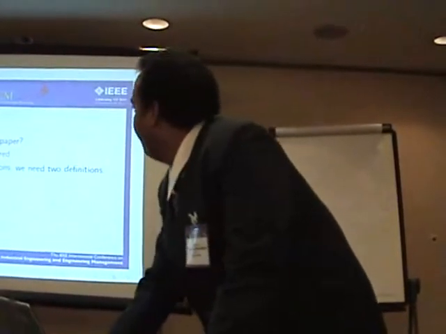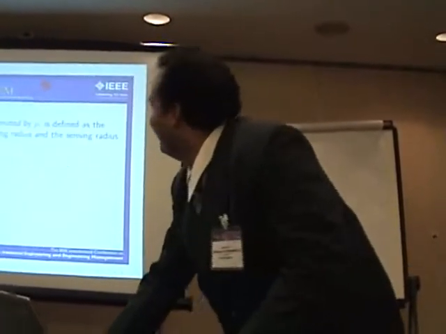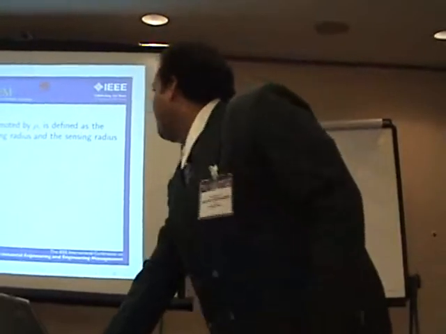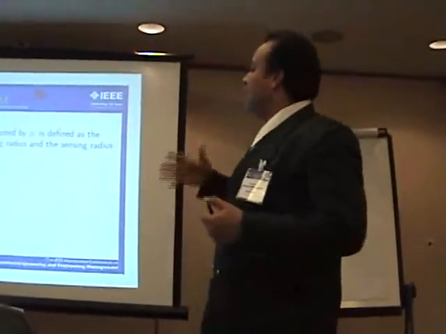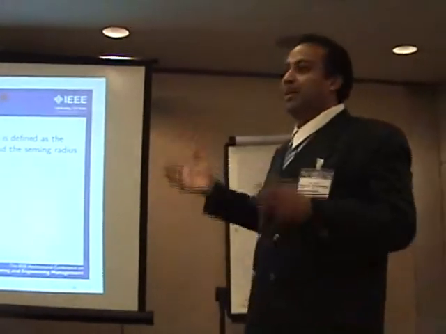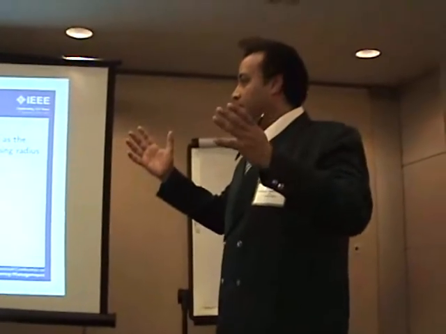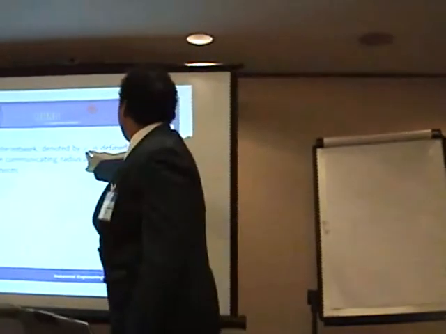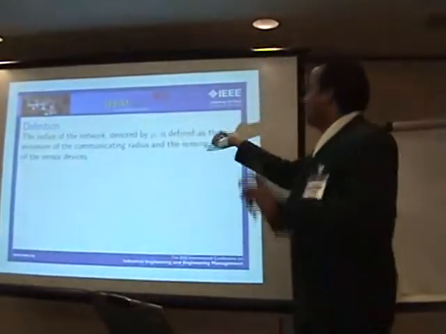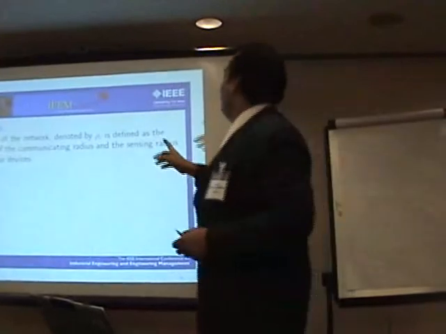What I achieved in this paper: I needed two things really. How large my area should be that I intend to cover; that is the specification of the problem, which the user specifies. And the radius of the network, which I denote by rho. Don't mix this rho with the other rho.